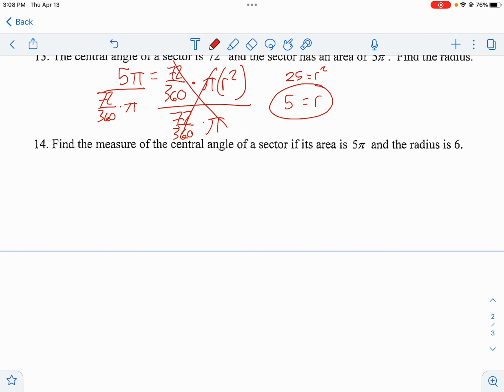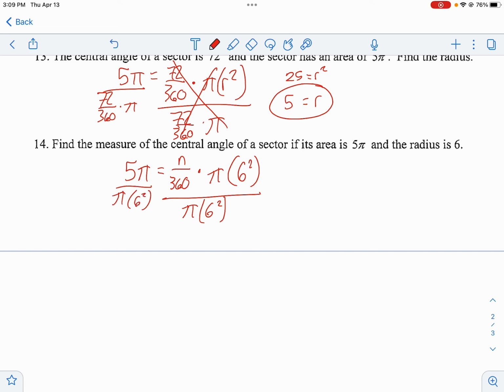Last one, find the measure of the central angle. So the area of the sector is 5 pi, equals n, I don't know the central angle, over 360, times pi r squared, pi 6 squared. So again, solving for n, got to move stuff over. Divide the right side by pi 6 squared and the left side by pi 6 squared, or 36 pi. So 5 pi divided by 36 pi is 1.37-ish, equals n over 360.